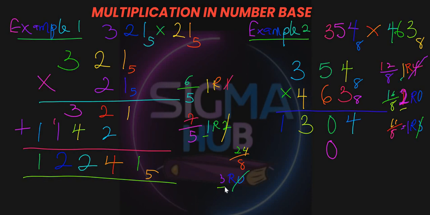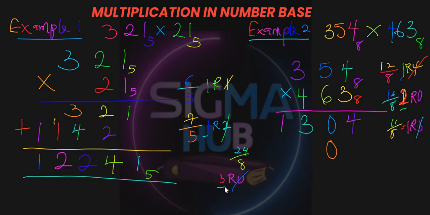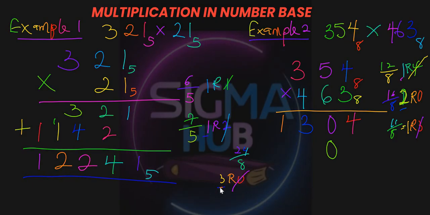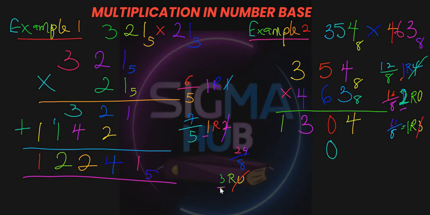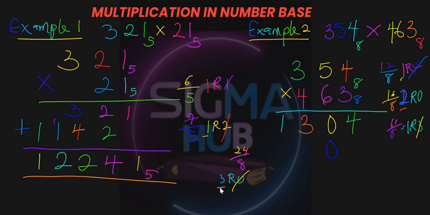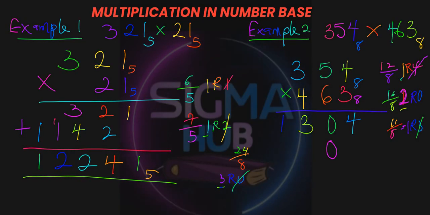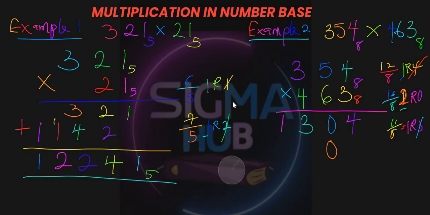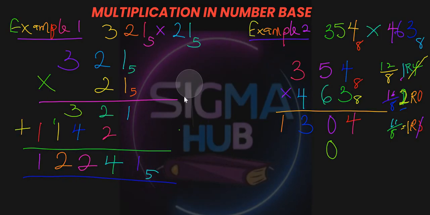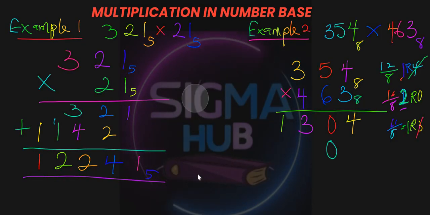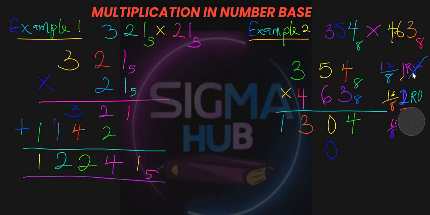Then also 6 times 5 is 30. Then I'm going to add the 3 that I kept, which becomes 33. But I cannot write 33 because it's base 8. So I'm going to repeat the same procedure by dividing 33 by the base we are looking at, which is 8 in this case.